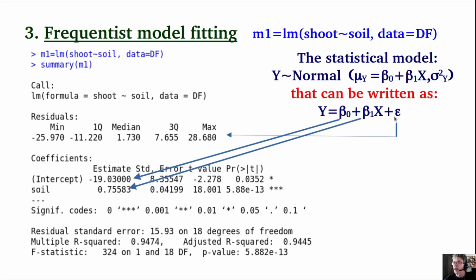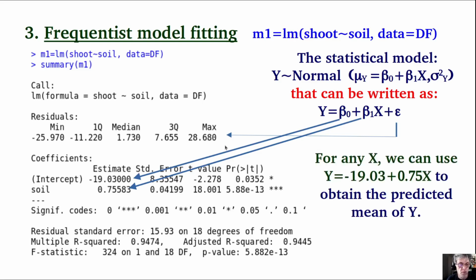Then for the residuals, we have 20 data points, so we have 20 residuals. The residuals will be shown in the next slide. These are the descriptive statistics of the residuals, which are of little to no use. So for any value of x, we can use this equation to obtain the predicted mean of the response variable y.